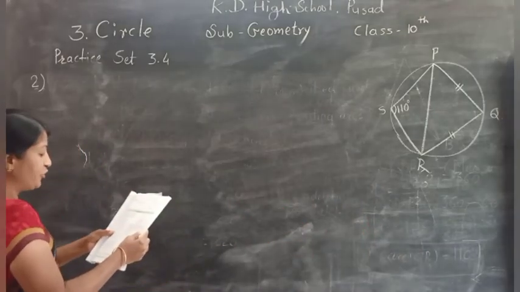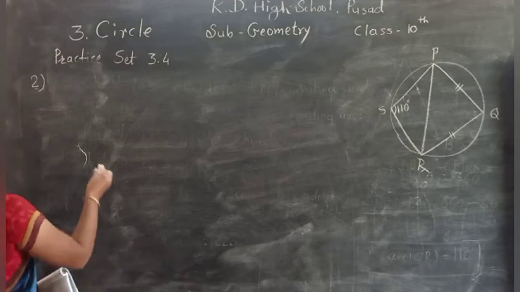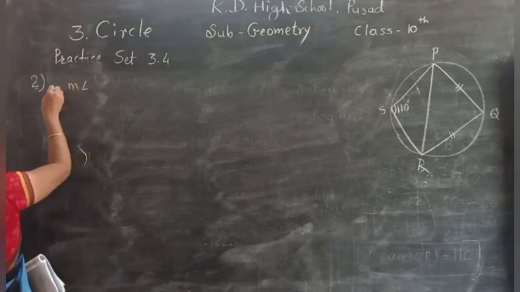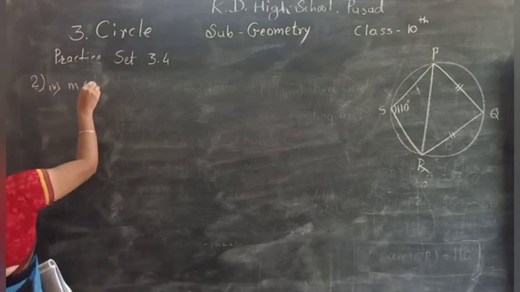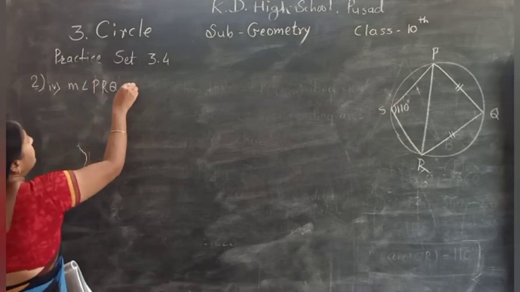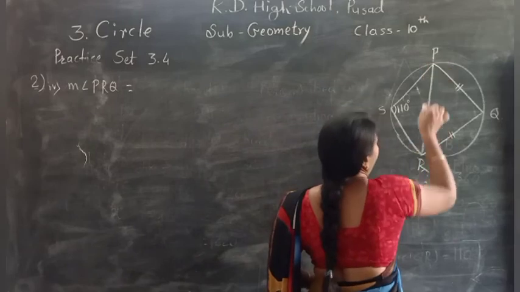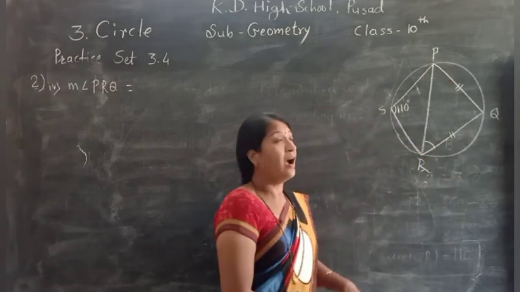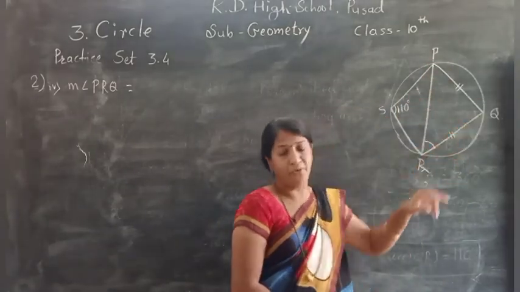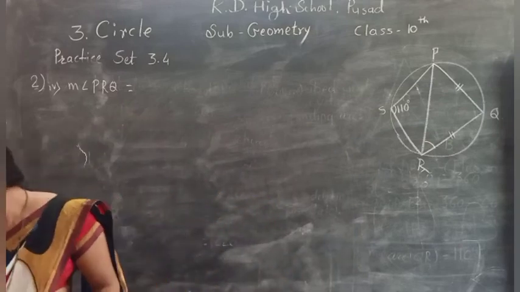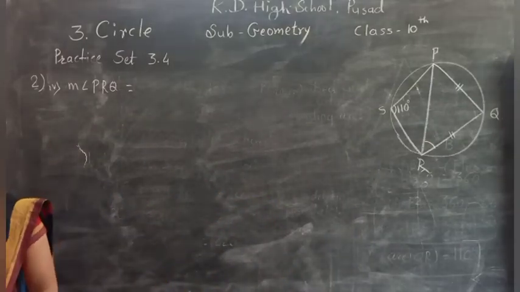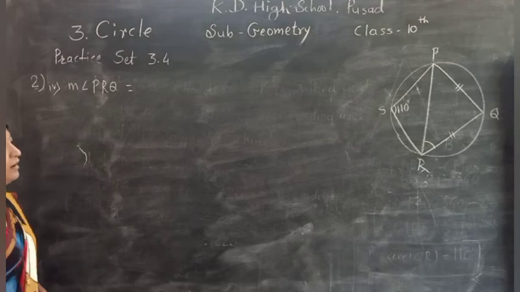Okay. Measure of angle PRQ. We have to find this angle PRQ, which is half of the arc PQ. The measure of an inscribed angle is half of the measure of the intercepted arc.